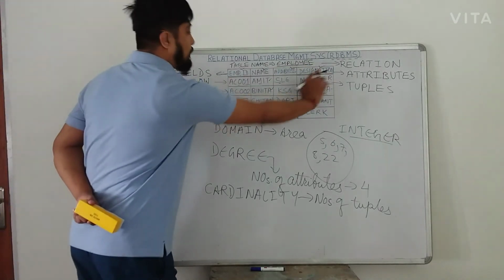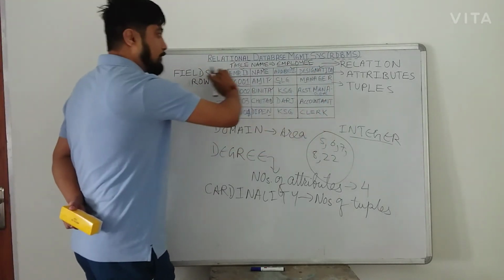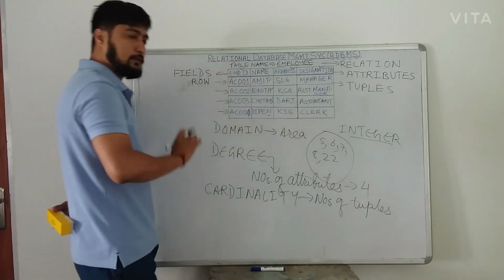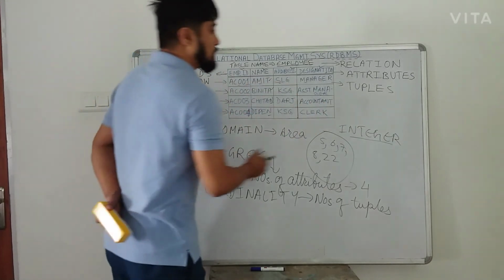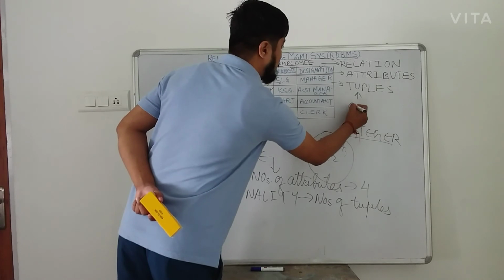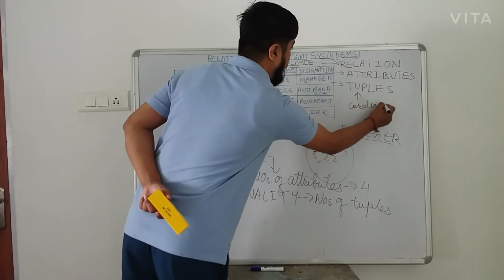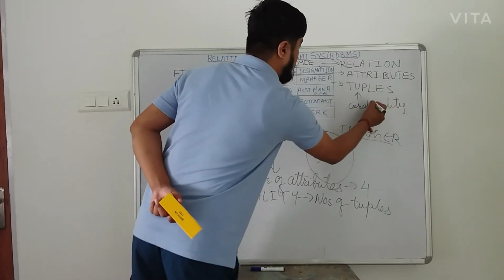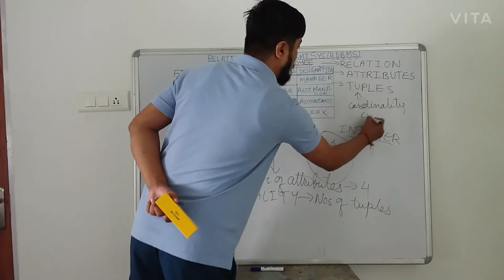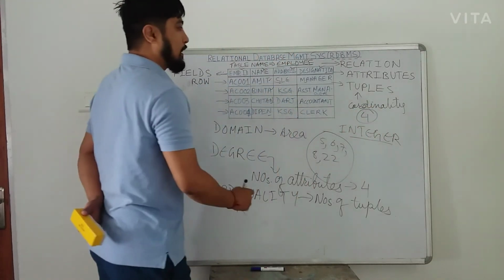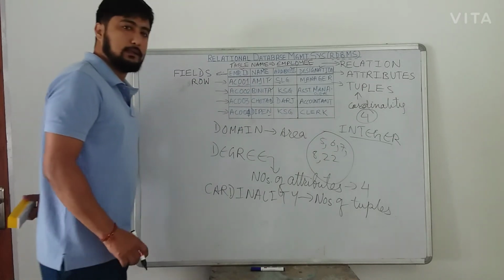There are 4 different tuples, 4 different rows. This is known as cardinality. So how many cardinalities are there? There are 4. Cardinality means the number of tuples.